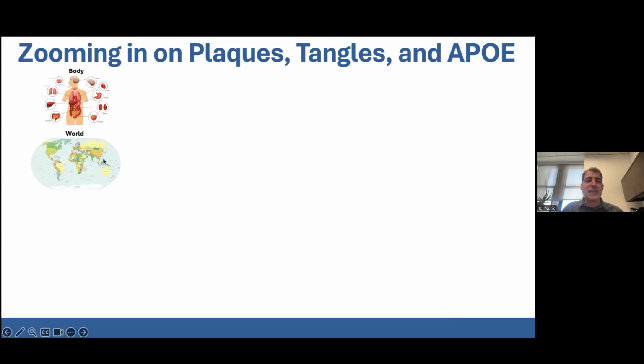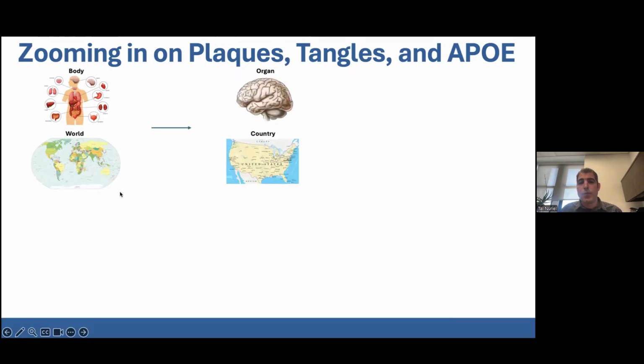So the analogy that I'm making is that one human body is like the planet Earth, like the world. And like the planet Earth has lots of different countries, the human body has lots of different organs. For example, the United States is an important country. The brain is an important organ. I'm not saying those are exactly the same, but that's the analogy I'm using.